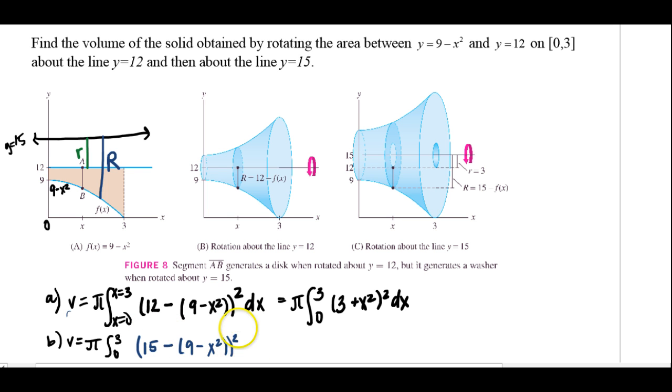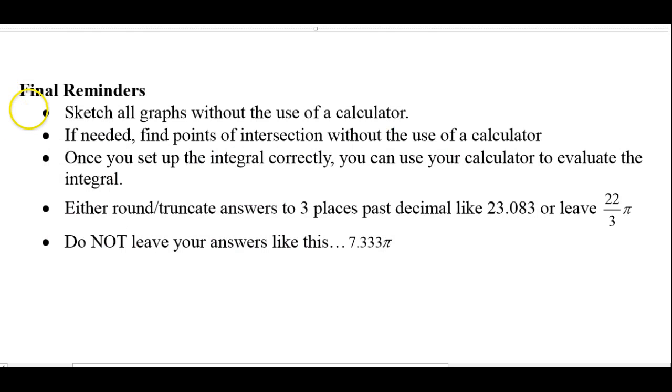So that's the big radius squared, and then we're going to need to subtract my little radius squared. So top minus bottom here is 15 minus 12 squared dx. So this is the setup that finds the volume of the solid obtained by rotating this region now around this line y equals 15.